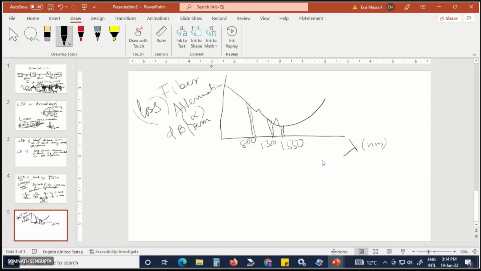Earlier this is the first window, this is second and this is third. Earlier this was used because light sources and detectors were available.